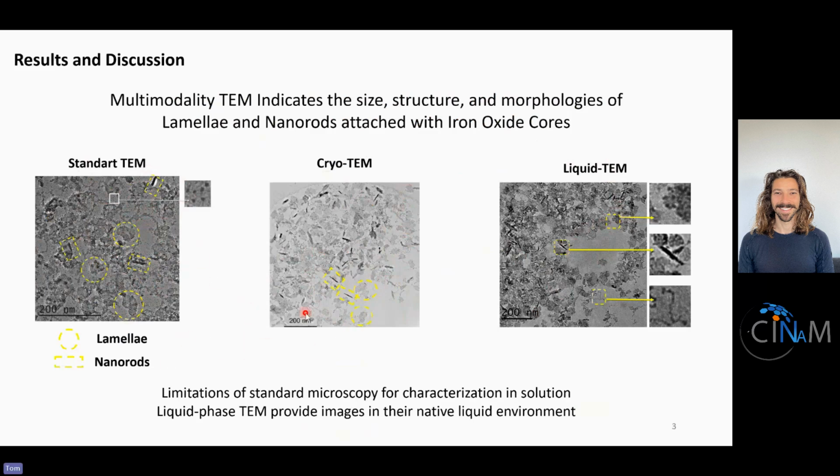As I mentioned, the limitation of standard microscopy for characterization of particles in solution is that we have a dry sample preparation that can produce artifacts. And thanks to liquid phase TEM, we are able to study and obtain images of the nanoparticles in their native liquid environment.